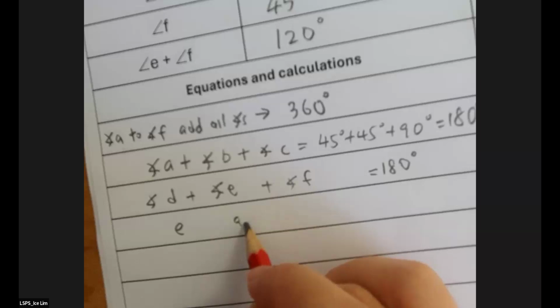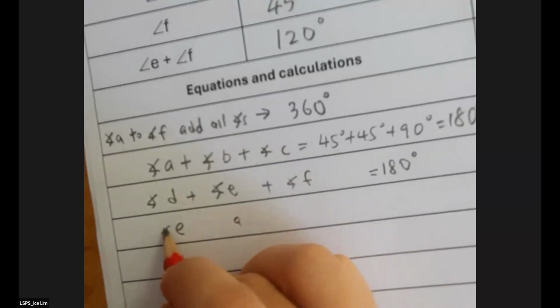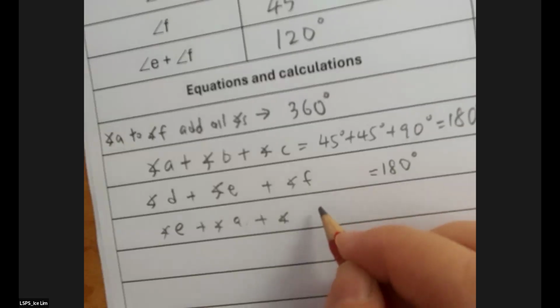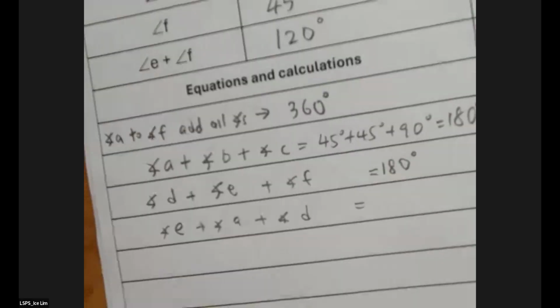Angle A is 45 degrees. Angle E is 75 degrees. A, E, and D. Is this correct?